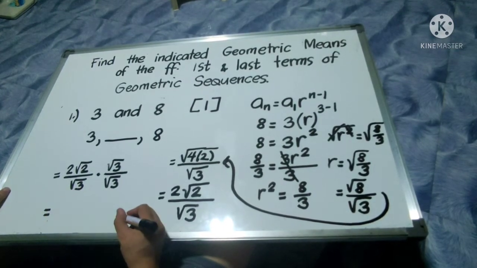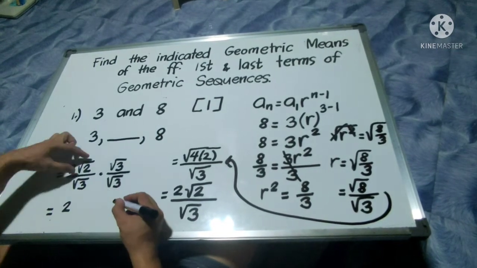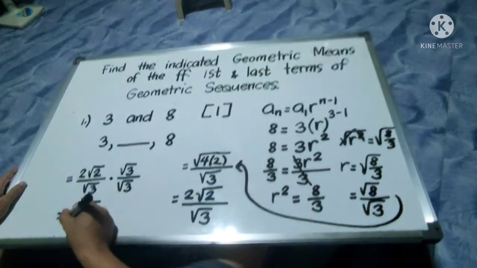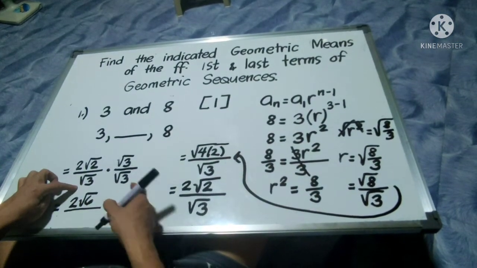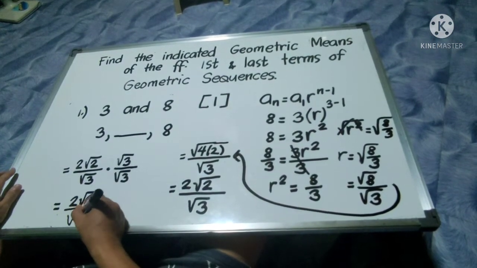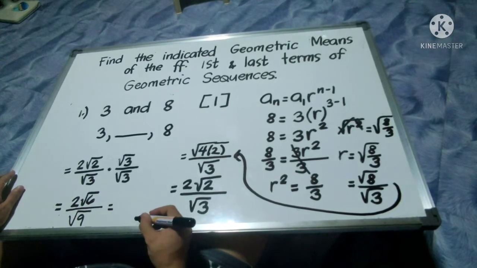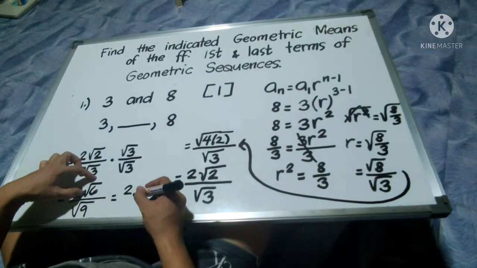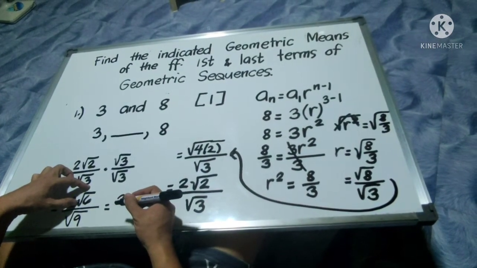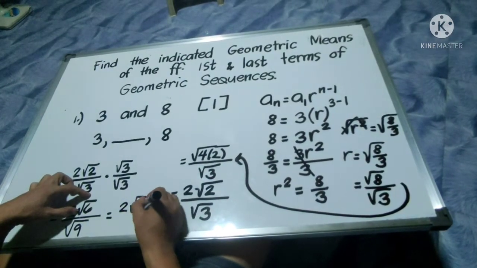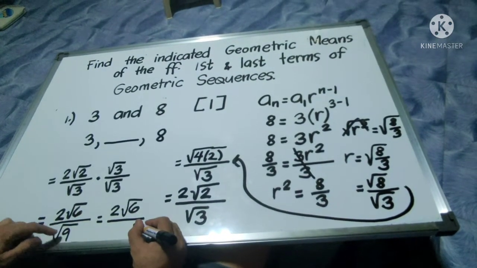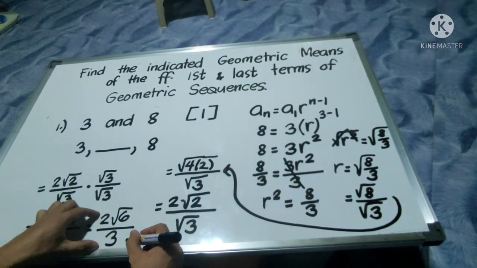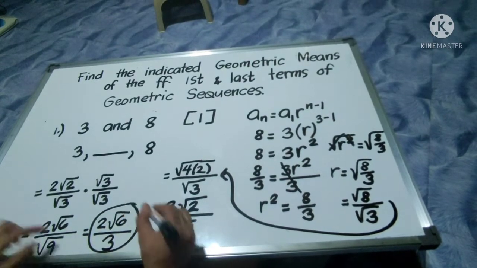Then simplify. 2 is square root of 2 times square root of 3 is square root of 6 over the square root of 3 times square root of 3 is the square root of 9. Let us simplify. 2, copy. Do we have the square root of 6? No. 6 has no factors that has square root, so you copy square root of 6. Over, what is square root of 9? 3. So this is now our common ratio. This is our common ratio.